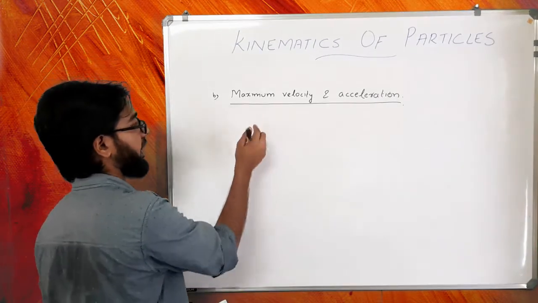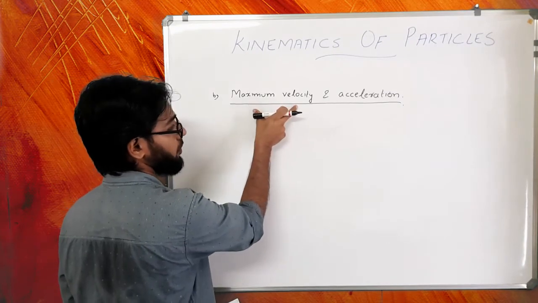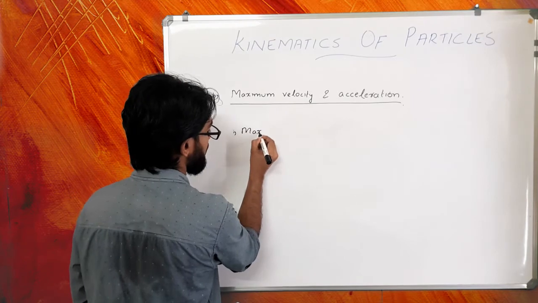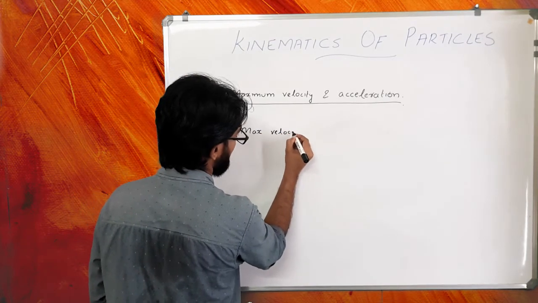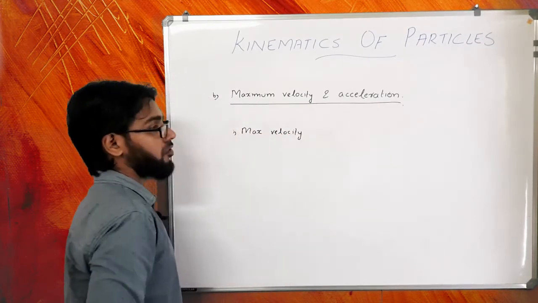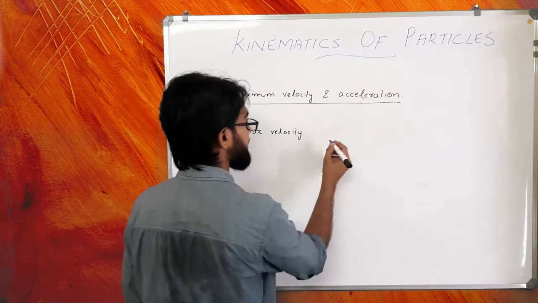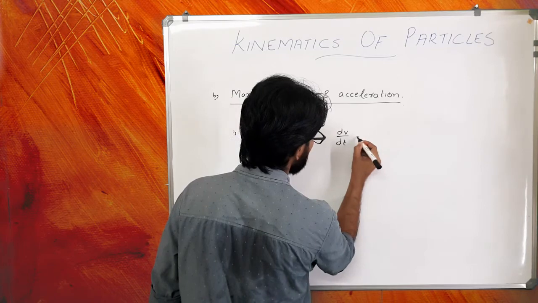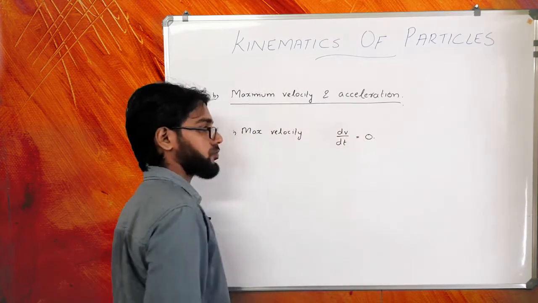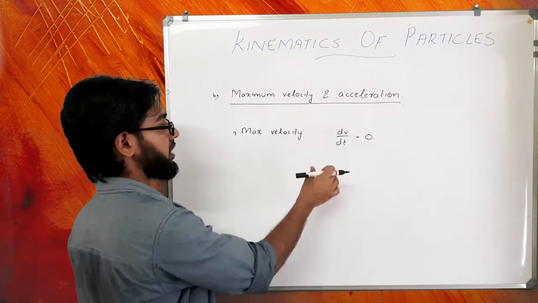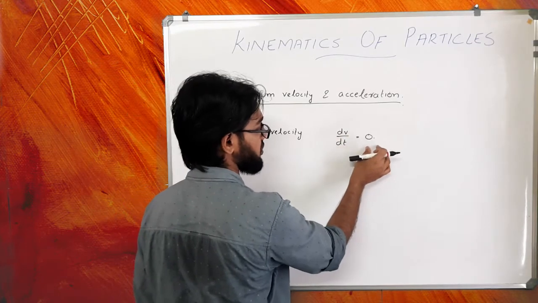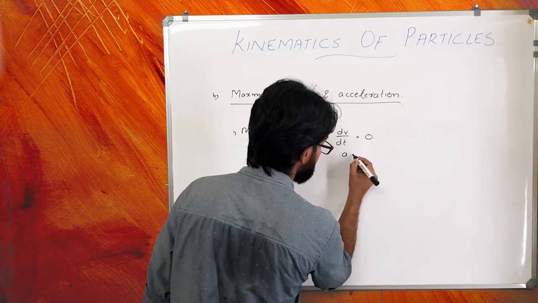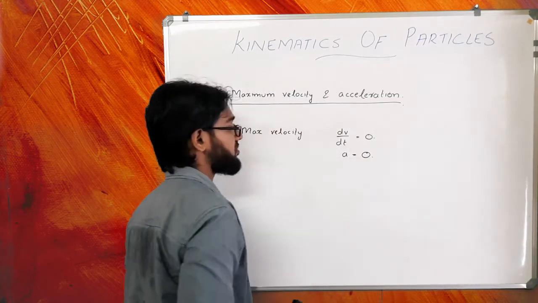So to find the maximum velocity, in the first case we are doing the maximum velocity, we take the derivative of the corresponding function and equate it to 0. So in this case, dv by dt equals 0. But since dv by dt here equals a, in this case we write a equals 0.